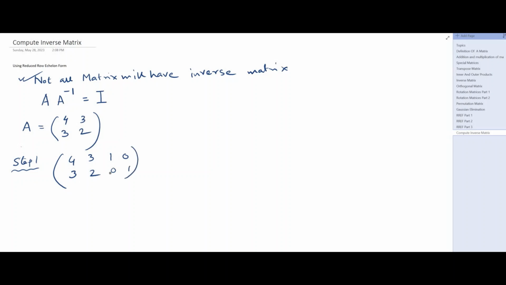This is your step 1. Once you are done with step 1, your next focus is to use the technique of reduced row echelon form. This is basically your second step.